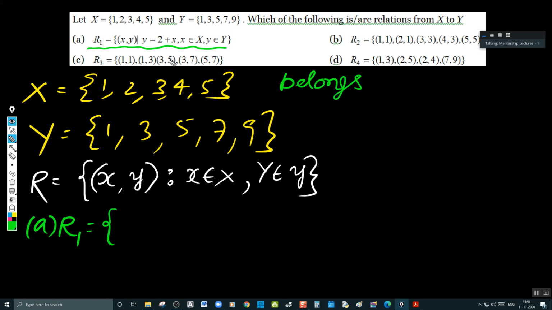Roster form means I'm splitting them all. Now, come on, tell me please. Substitute x equal to 1 first. I wrote 1, so 3 came, man.